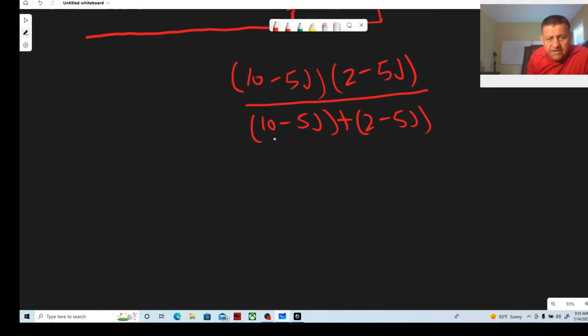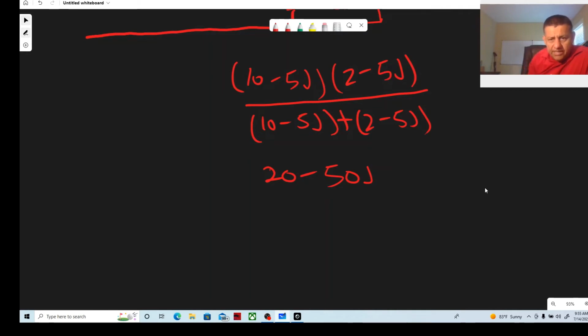So if I multiply this and this, it's going to be 20, right? And then this time this is going to be negative 50. I don't know why I said 10, but right, so it's negative 50J, right? And then I did the other. Now I have to do the inner terms, this and this.